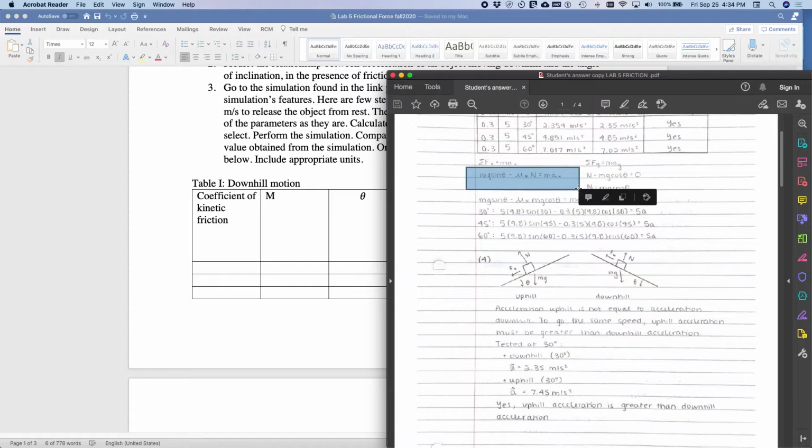That is mg sine theta minus mu k times n equals m times acceleration in the x direction. From that they should be able to get a, because they should have mg sine theta. n is also mg cos theta, so m cancels everywhere. All they really need is g, theta, and mu k, which they can get from the simulation part, and then the value of cos theta.